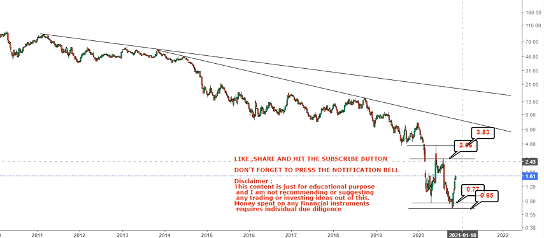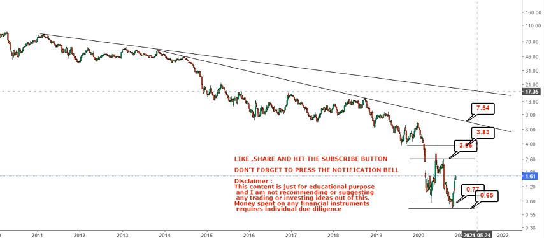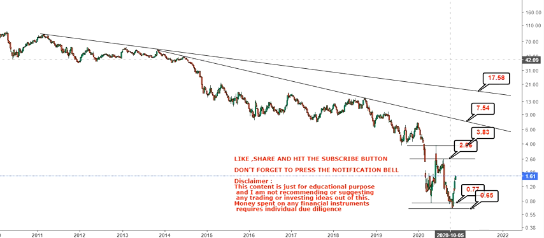As I told you, the most likely levels on the upside will be 2.66 and 3.83, and if the stock sustains over that, then we will probably have 7.34 as our next target or resistance, and if it holds 7.54 and sustains above that, it could probably go toward $17.5 as well.